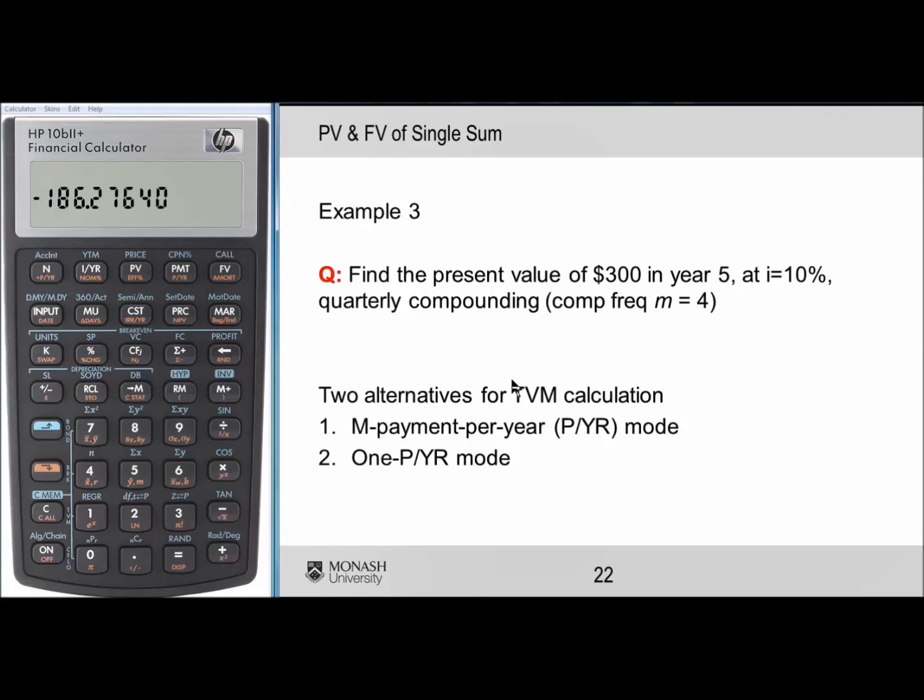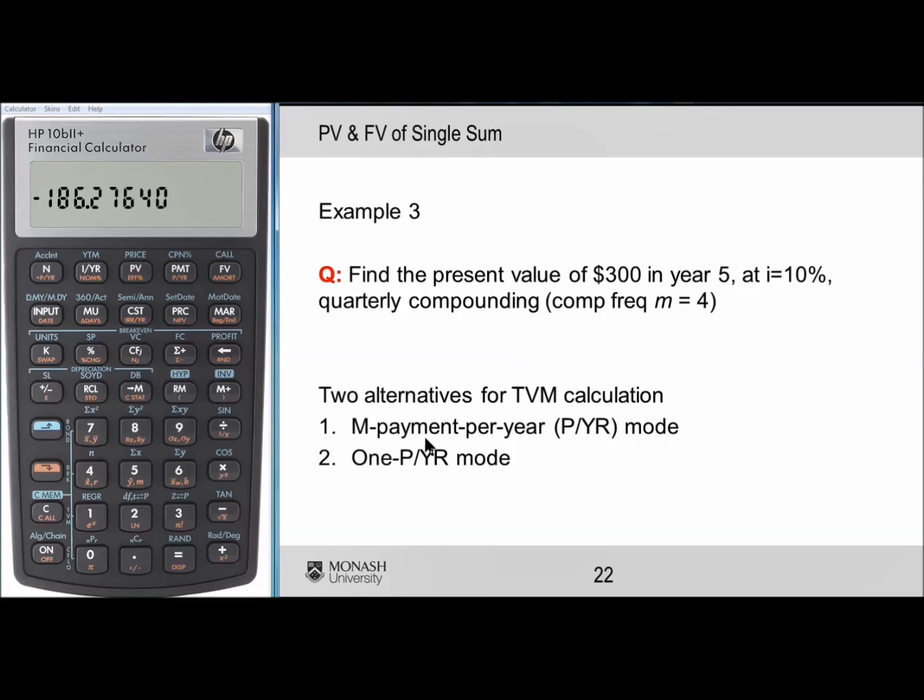Example 3. Find the present value of $300 in year 5 at 10% interest rate, but this time it is quarterly compounded. So we have two approaches to solve for PV in this situation.